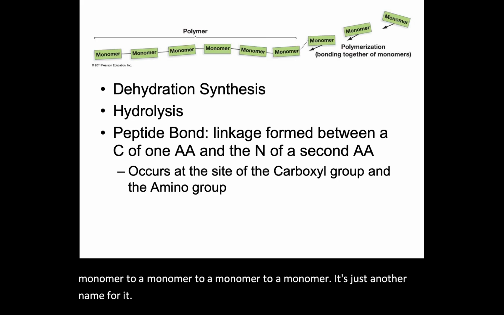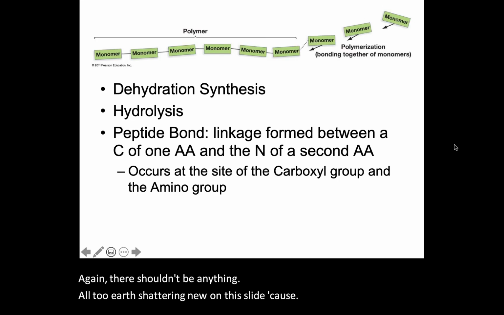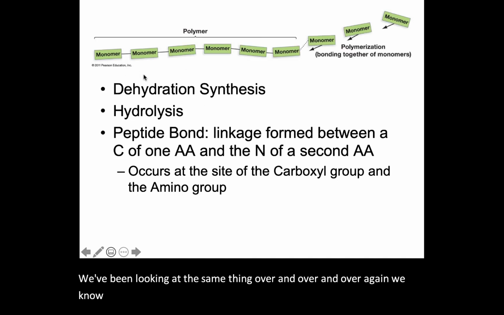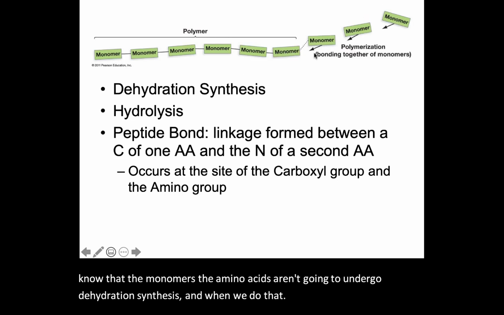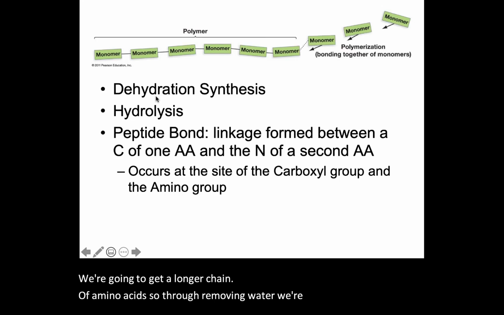Again, there shouldn't be anything all too earth-shattering new on this slide, because we've been looking at the same thing over and over again. We know that the monomers, the amino acids, are going to undergo dehydration synthesis, and when we do that, we're going to get a longer chain of amino acids. So through removing water, we're going to be able to link our amino acids.